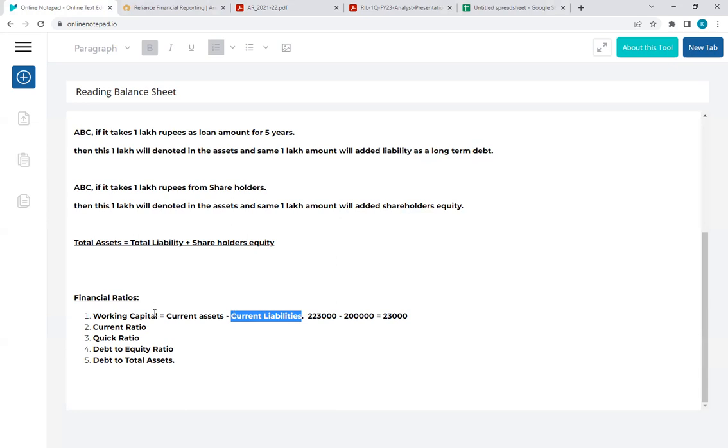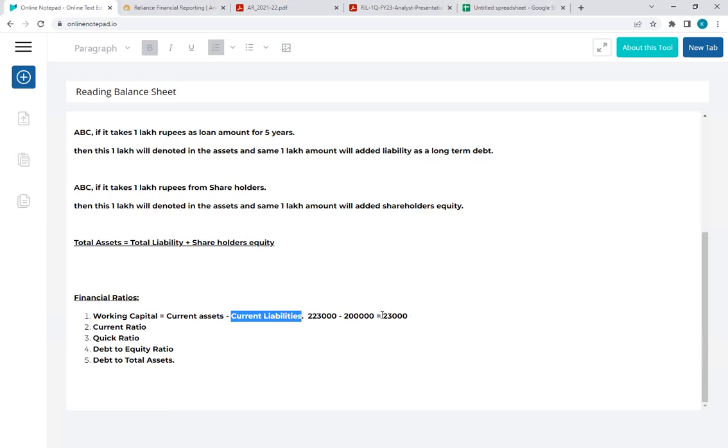So this particular ratio is trying to find out the ability of the company. That means Reliance Industries has an adequate amount of 23,000, and they are able to pay the current liabilities immediately.